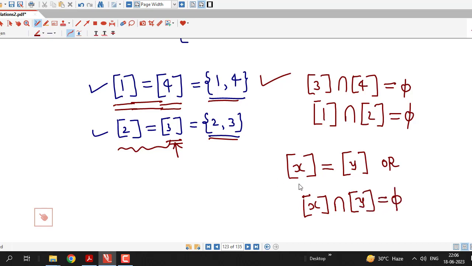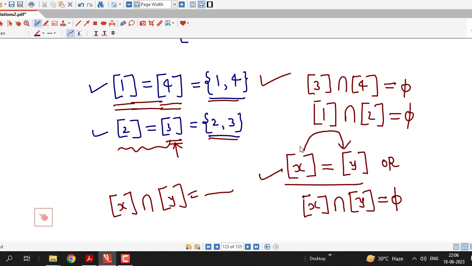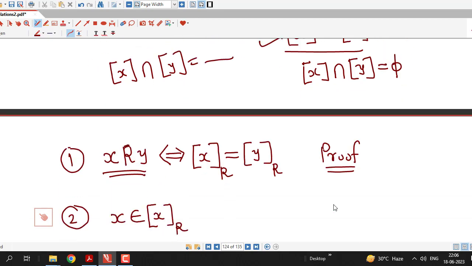Equivalence classes generated by two elements are either equal or disjoint. We cannot say that this intersection contains two elements or three elements. Either these two sets are equal or their intersection is the empty set, that is, they are disjoint.